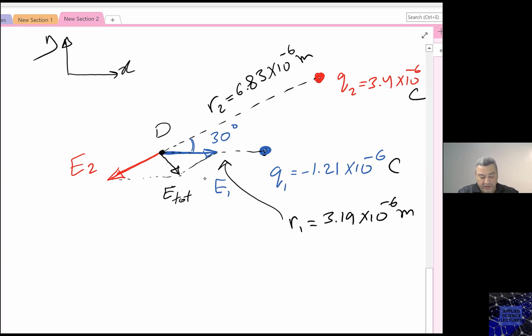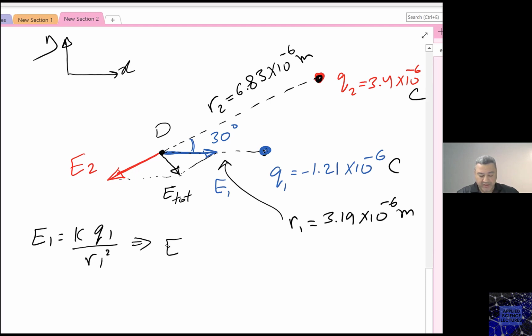First of all, we calculate E1. So E1 equals K Q1 magnitude divided by R1 squared.